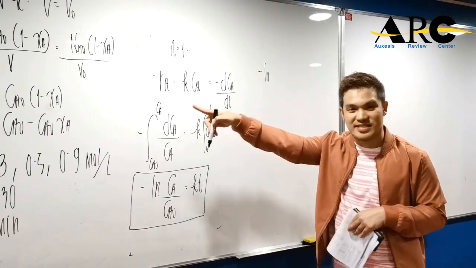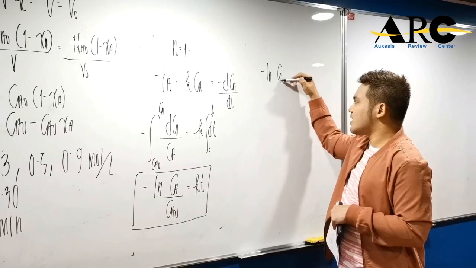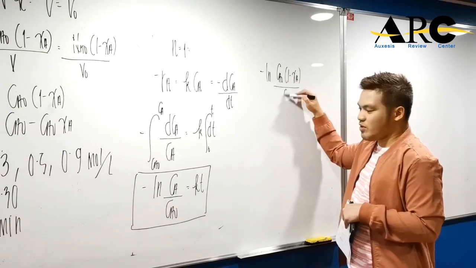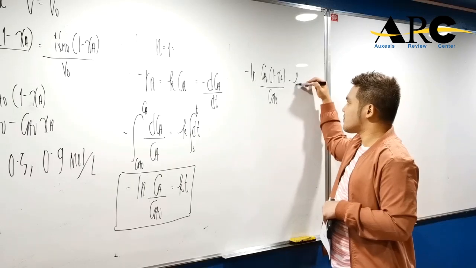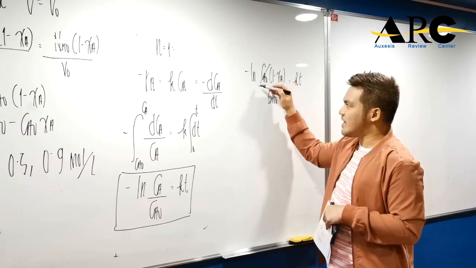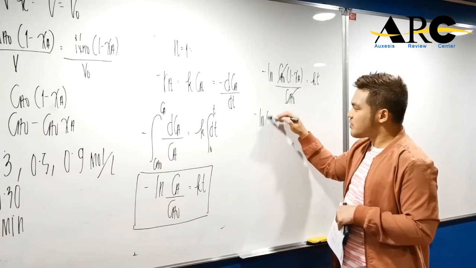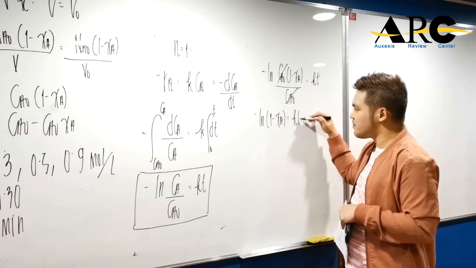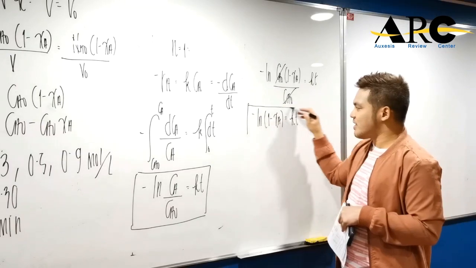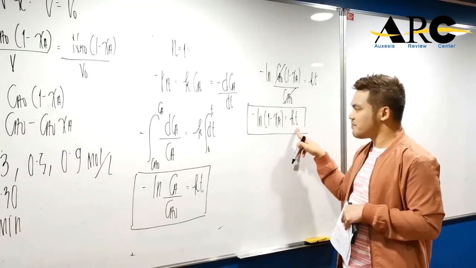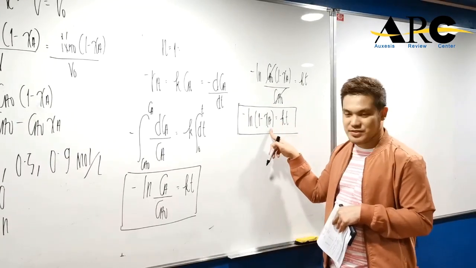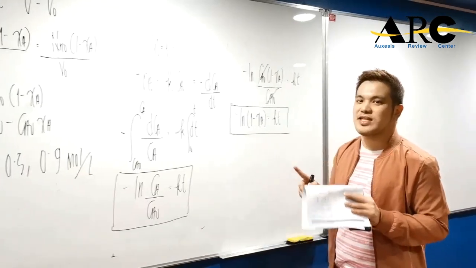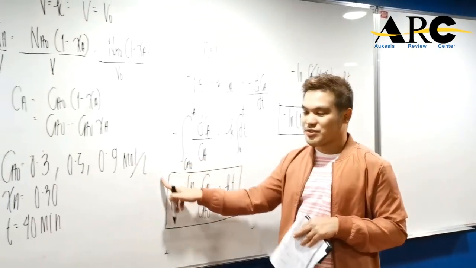Kapag sinabing CA, you have CAO times 1 minus XA, over CAO, which is equal to KT, so maka-cancel na yung CAO. Dito, mapapansin natin sa equation ni first order, habang nagbabago yung time, nagbabago yung conversion, pero hindi siya apektado ng initial concentration. Kaya ito ay first order.